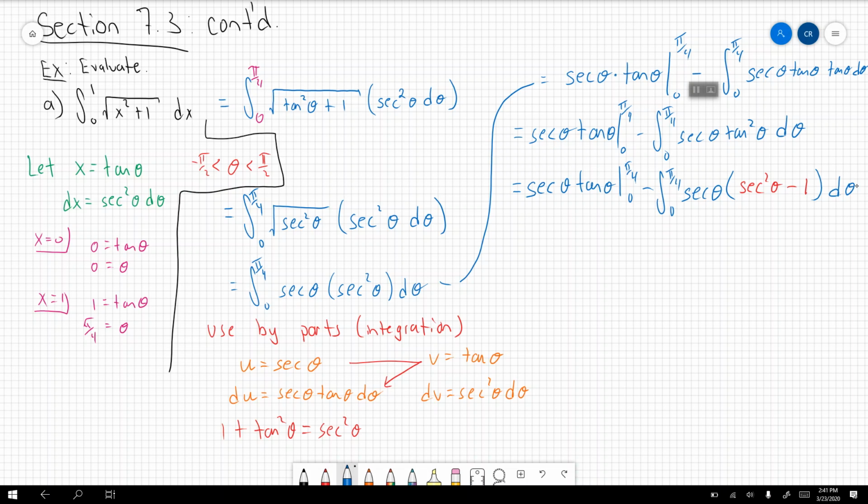That gives me chills. All right, so secant theta, tangent theta, evaluated from 0 to pi fourths, minus the integral from 0 to pi fourths of secant cubed theta minus secant theta d theta.